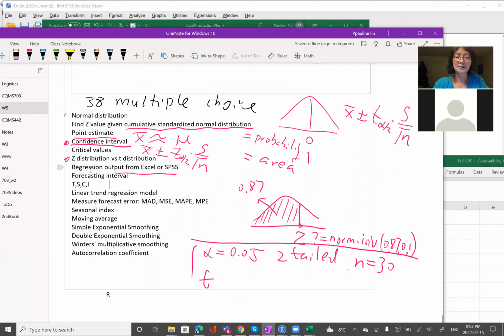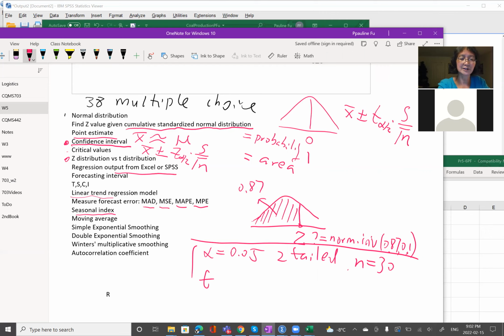We did a lot today for the linear trend regression model. Last class, we did a lot of calculation for MAD, MSE, MAPE, MPE. And today we did the seasonal index.